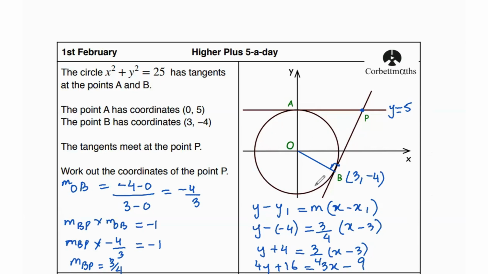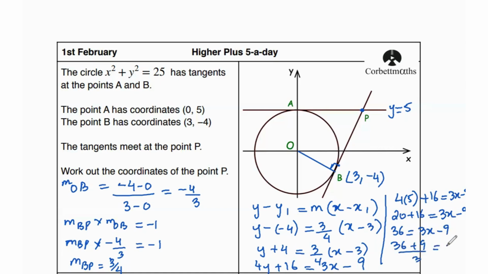So that's going to be 4 times 5 plus 16 equals 3x minus 9. 20 plus 16 equals 3x minus 9. 36 equals 3x minus 9. 36 plus 9 over 3, which is 15, because 45 divided by 3 is 15. So P has the coordinates of 15 and 5. That's your answer.